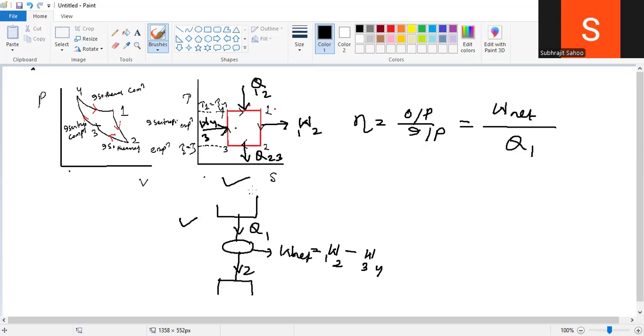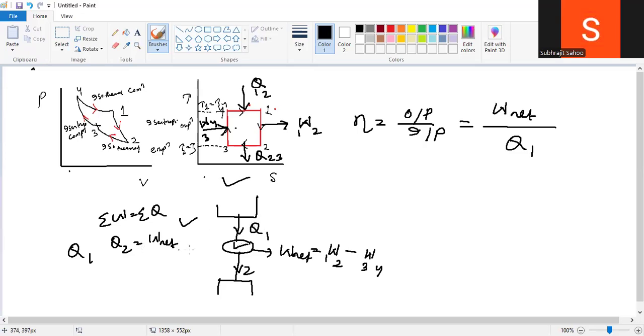Observe, sir. If I put the first law, summation of W equal to summation of Q. So summation of Q means Q1 and Q2, and summation of W is W net. Q1 is supplied to this system, the machine, engine.